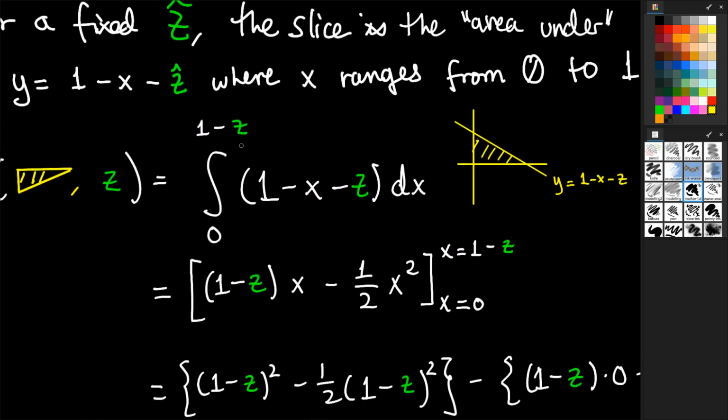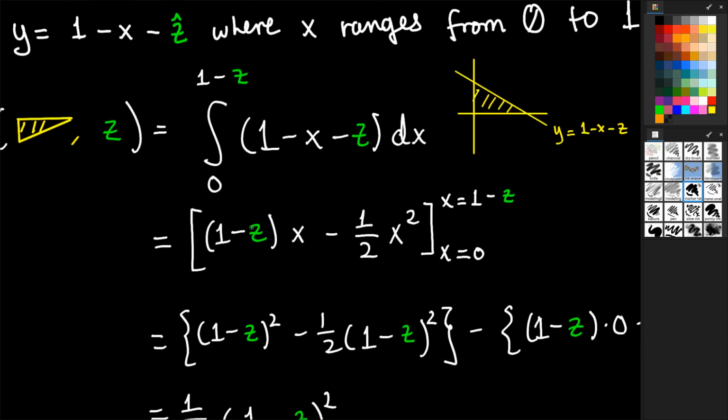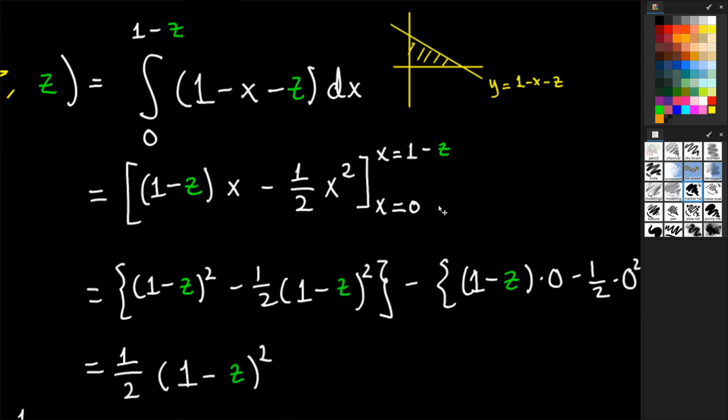So this integral, I grouped the constant term, so 1 minus z minus x. And this is 1 minus z times x minus 1/2 x squared. That's the antiderivative of this, evaluated between x equals 0 and x equals 1 minus z.